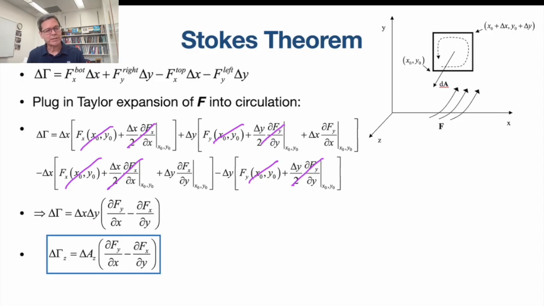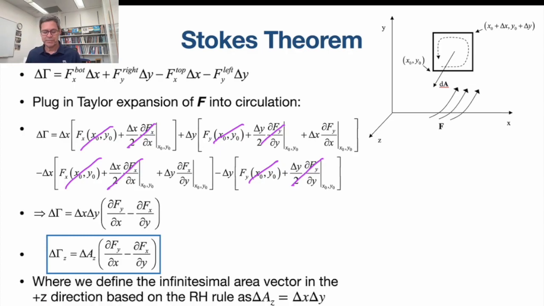Well, that's obviously delta x times delta y for that square, but we can just call that delta a in the z direction. So we've done it, the circulation of an infinitesimal square in one plane. So we've defined infinitesimal area vector in the z direction, as I just said a moment ago.